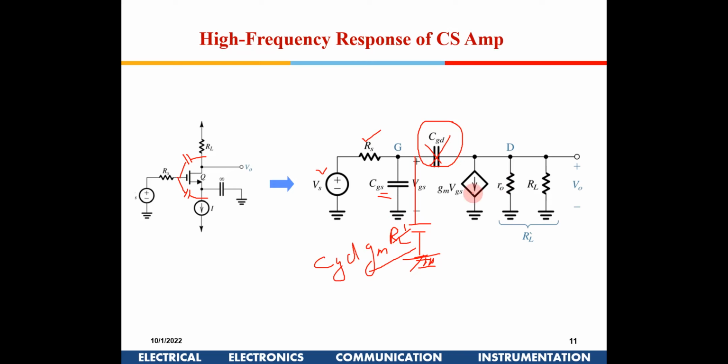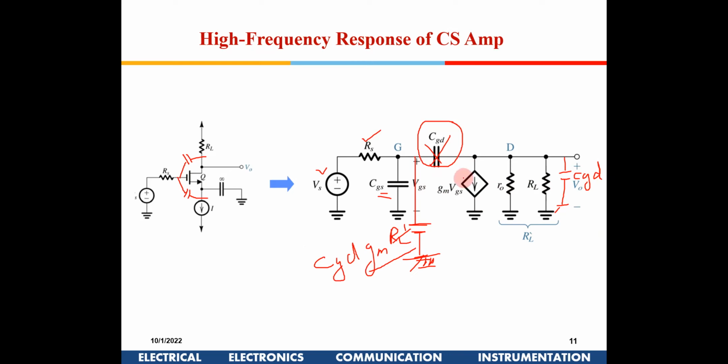It is the gain, correct? This RL dash is the parallel combination. So this capacitance is going to be CGD into the gain, and the gain is nothing but gm RL dash. Similarly, at the output node also there will be one capacitance. I am breaking this connection and dividing it into two, so this will become simply CGD. Is it okay?